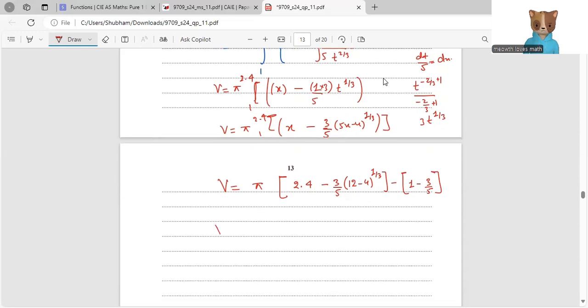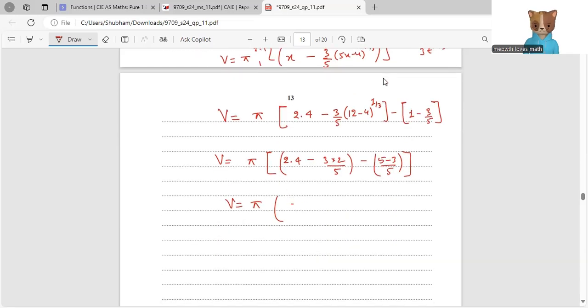And pi is outside. So I can write volume is equal to this 2.4 minus 3. This is 8 to the power 1/3, which is 2. So 2 times 5. Okay. Minus this becomes 5 minus 3 over 5. And therefore, final answer, substituting this 2.4 minus 6 by 5.